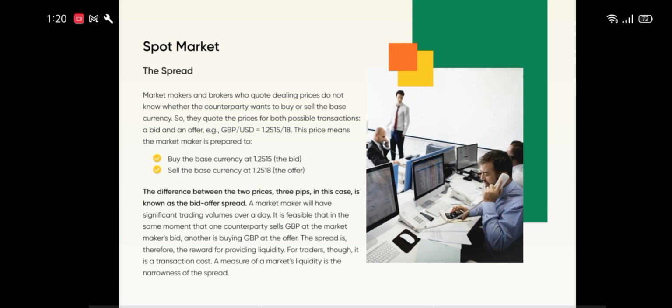This price means the market maker is prepared to buy the base currency at 1.2515, the bid. Sell the base currency at 1.2518, the offer. The difference between the 2 prices, 3 pips, in this case, is known as the bid-offer spread.